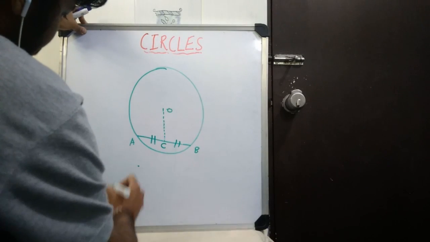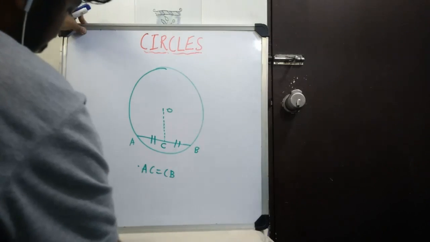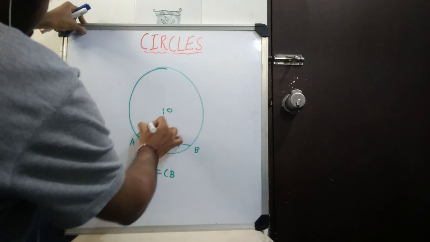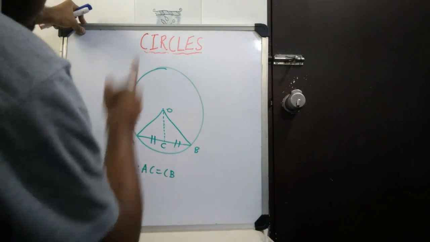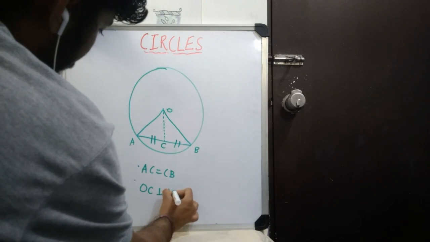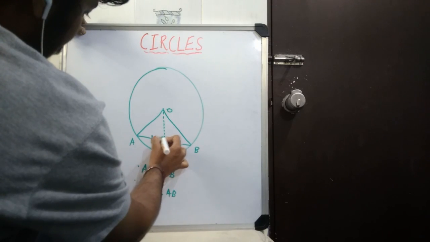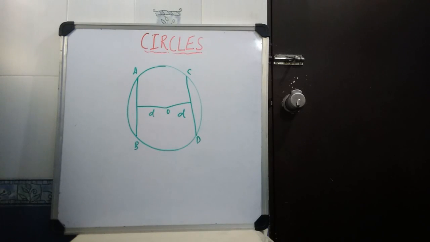So the first property I see is that AC is equal to CB. The second property which I see is that OC is perpendicular to AB. Please remember these two points. They are very important.